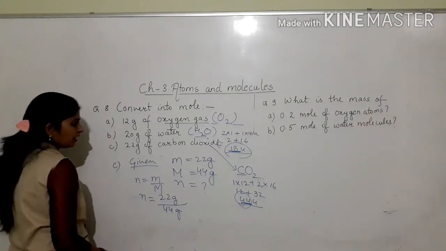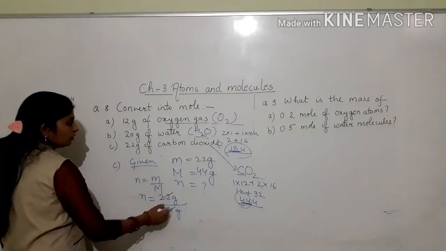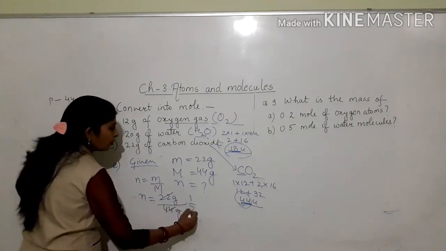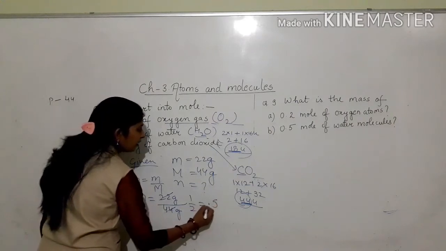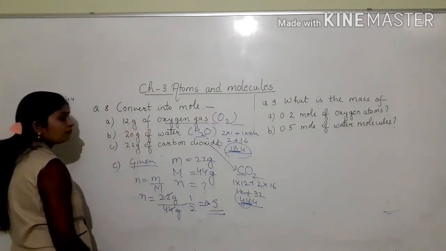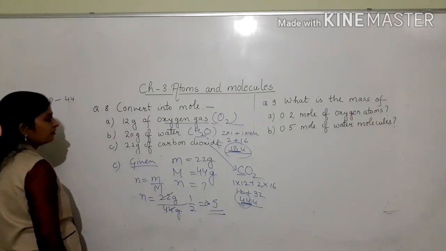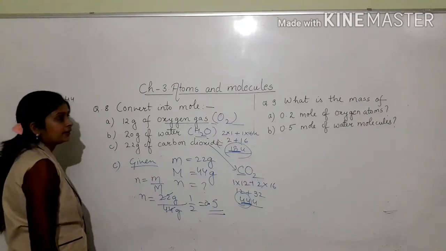Okay. Divide 22 and 44 by 22. We will get 1 upon 2. Now divide 1 by 2. We will get 0.5. So what is the number of mole? 0.5 present in 22 gram of carbon dioxide.